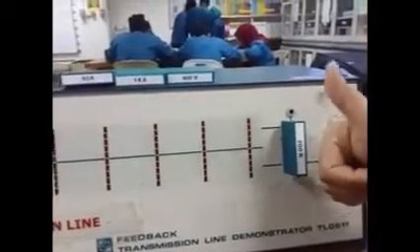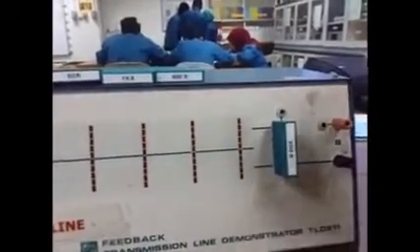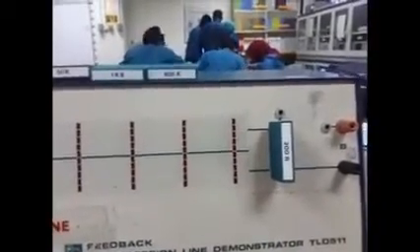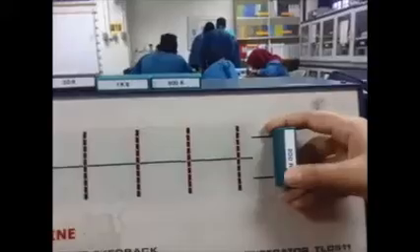Next, replace the 200R terminator at B with a terminator of 1K, which is 1,008.